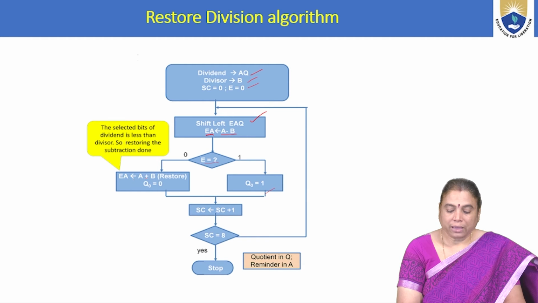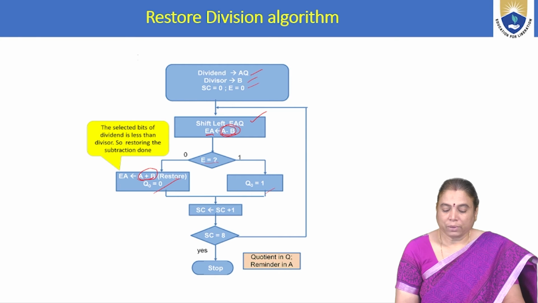So EA is A plus B. Whatever you performed here, the subtraction, the previous value can be restored by performing the addition operation, by placing a 0 in the Q0 bit. So in this way the value can be restored. That's why this method is called the restoring division algorithm.